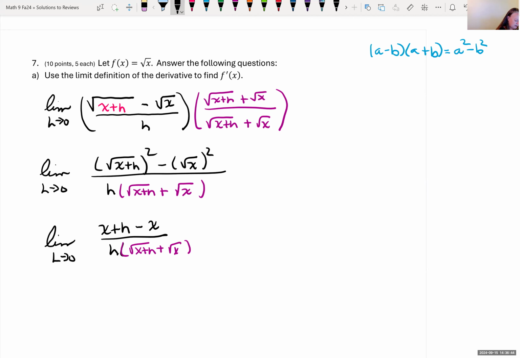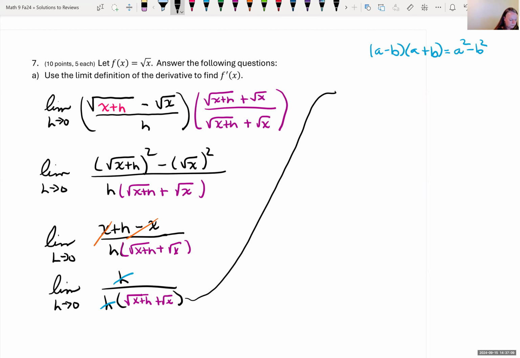Notice the x's cancel. So really I have a like factor in the numerator and denominator of an h. Those h's are going to cancel out. So now I'm looking at the limit as h is going to 0 of 1 all over the square root of x plus h plus the square root of x.